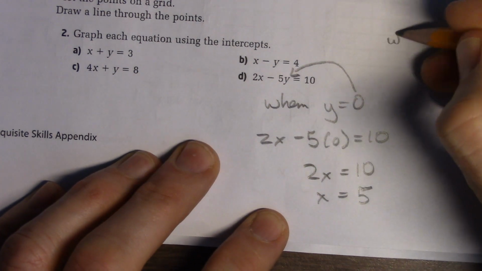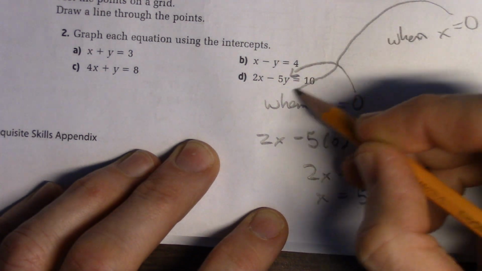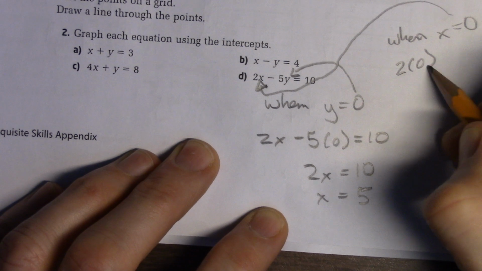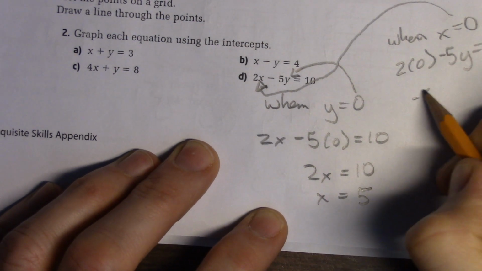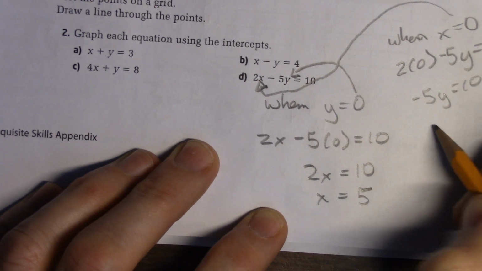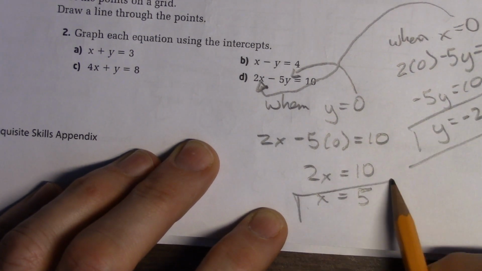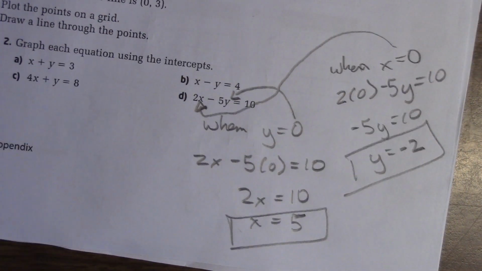Likewise, I'm going to say when x is equal to 0, I'm going to sub that in for x over here. So I get 2 times 0 minus 5y equals 10. And I get minus 5y equals 10. Y is equal to minus 2. Any questions?